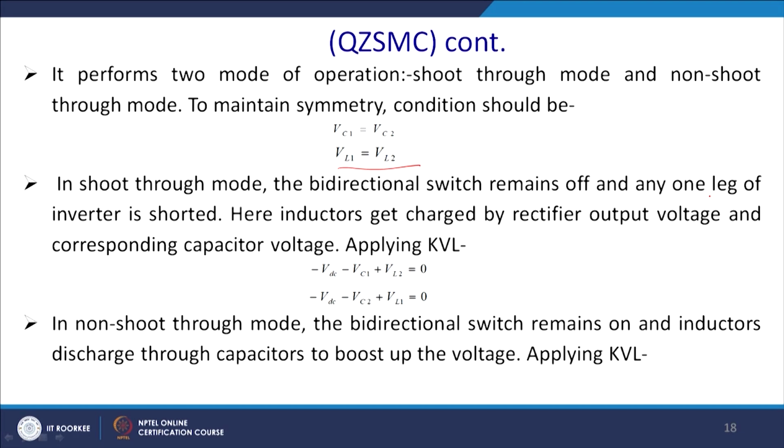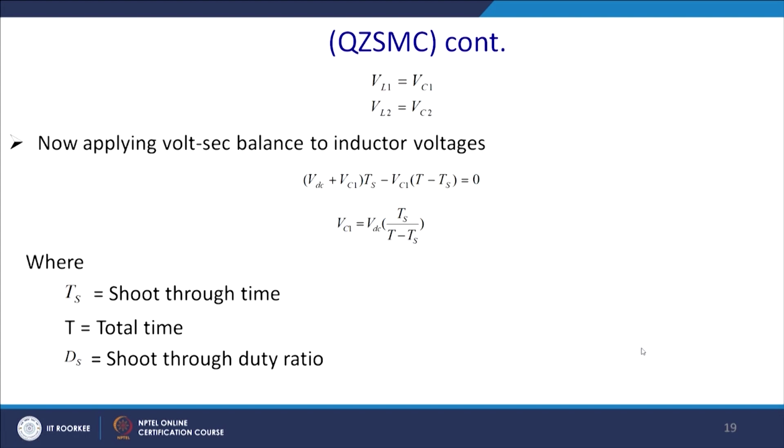Here the inductor gets charged by the rectifier output voltage and the corresponding capacitor voltage, and if you apply KVL, minus VDC minus Vc1 plus VL2 equals 0, or minus VDC minus Vc2 plus VL1 equals 0. In non shoot through mode, the bidirectional switch remains on and the inductor discharges to the capacitor to boost up the voltage, and by applying KVL we get VL1 equals Vc1 and VL2 equals Vc2.